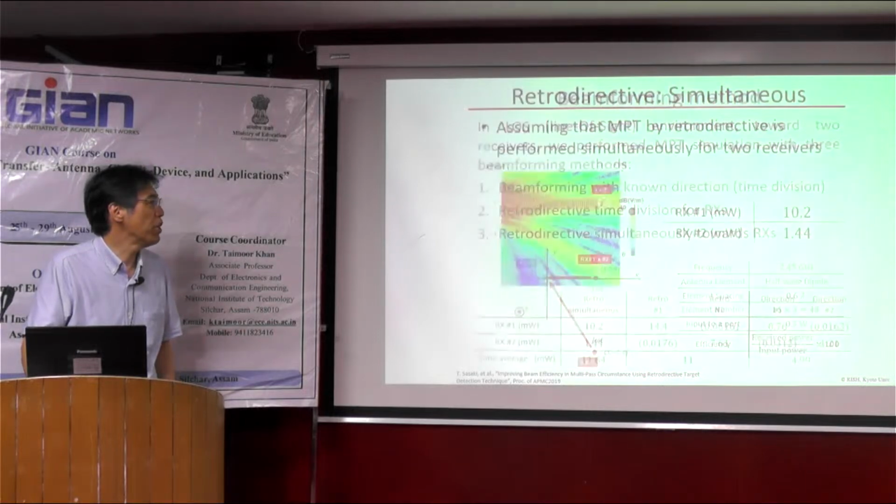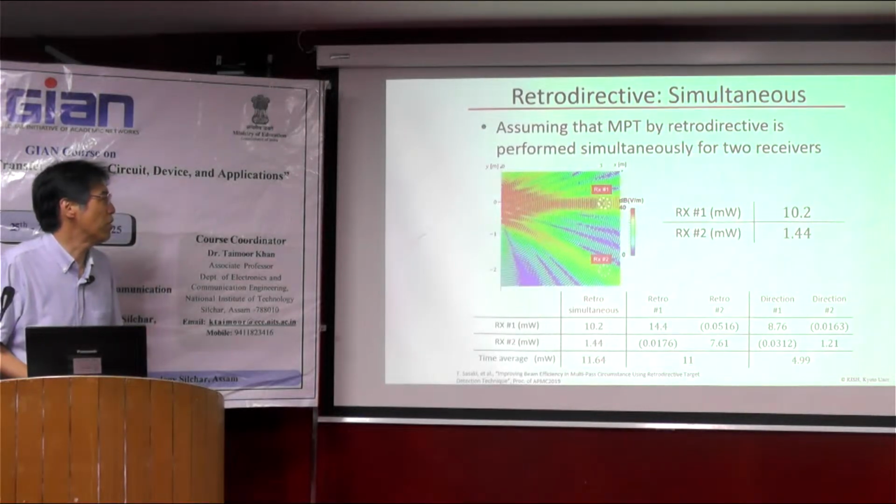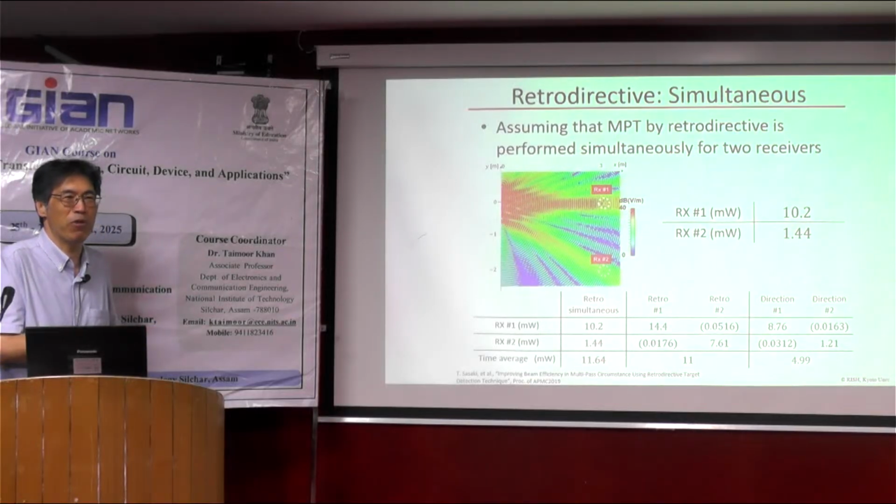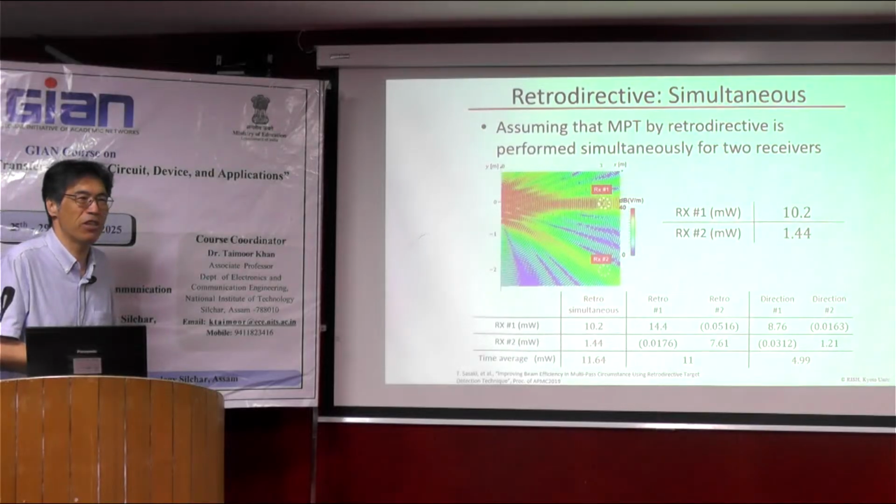So we tested this simulation. As a result, we can create a double beam only with the help of phase conjugation. So I also was very surprised, but my friend, the antenna professor, told me it's natural.